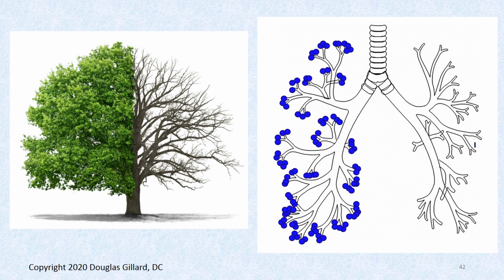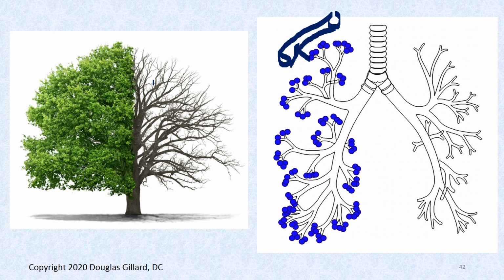All right, and remember the tracheobronchial tree, and just like a tree, we have leaves. Those are the alveoli. There's a blood vessel coming by here. It dumps off CO2, and oxygen has to be passed into these things. They're just like the leaves on a tree. Like this beautiful tree, this half of the tree is alive.